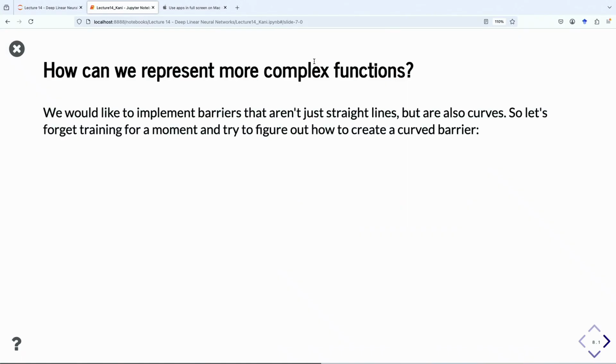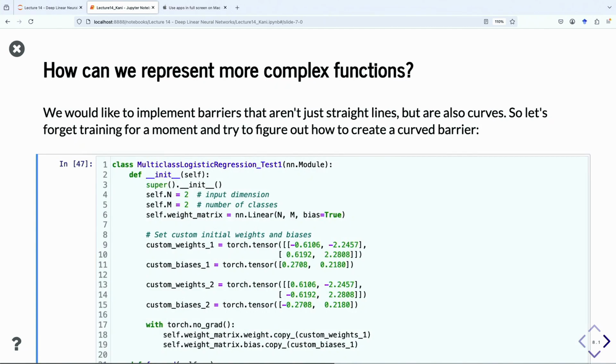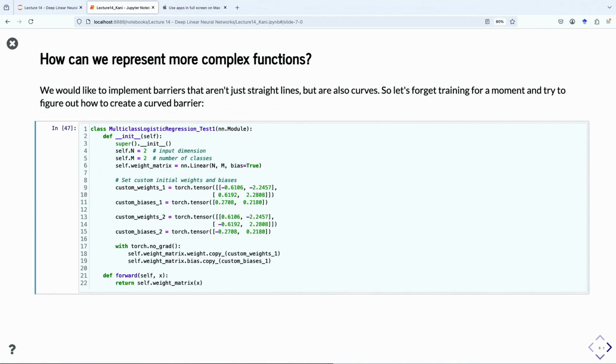We'd like to implement barriers that aren't just straight lines, but are also curves. And let's, for a moment, just ignore training, ignore optimizations and stuff. How could we get a curve barrier going? How could we implement a curve barrier? So let's say we have the following code.